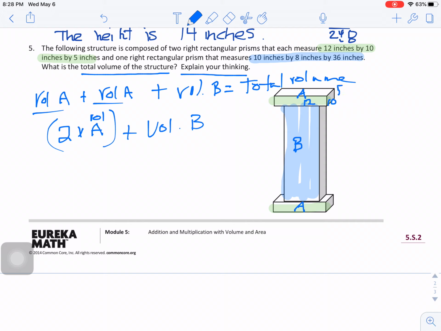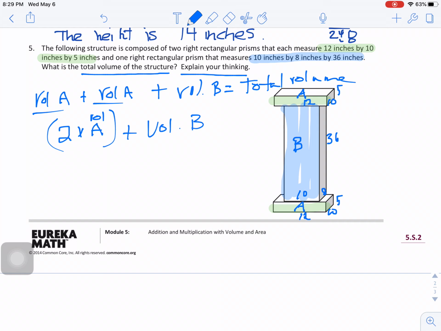And for B, I have 10 by 8 by 36. I know that both structures for A are exactly the same, so I really only need to do one, but I'll put that in there.